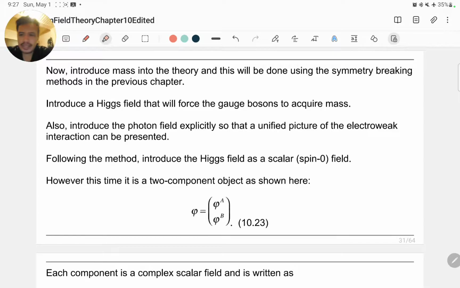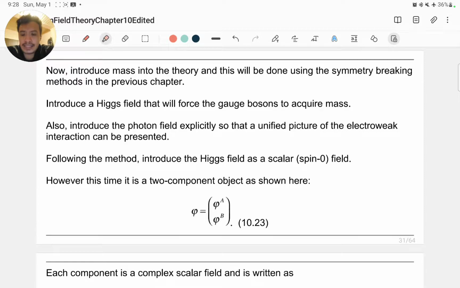So here we introduce a Higgs field that will force the gauge bosons to acquire mass, and we introduce a field for the photon, so that a unified picture of the electroweak interaction can be presented. Following the method we've done previously in chapter 9, we introduce the Higgs field as a scalar spin zero field.